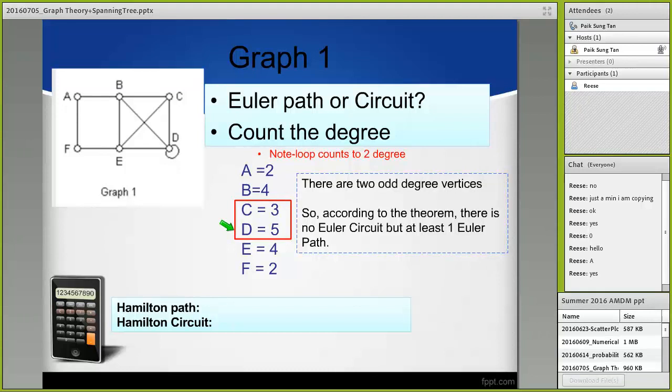So let's say for Hamilton path, this is how I would type my answer. I can have a Hamilton path, for example, starting with vertex C. This is how I write my answer: C, D, B, E, F, A. Meaning I start with vertex C and I go to D, then I go to B, and then E, and then F, and then A. I pass through all of the vertices exactly once.